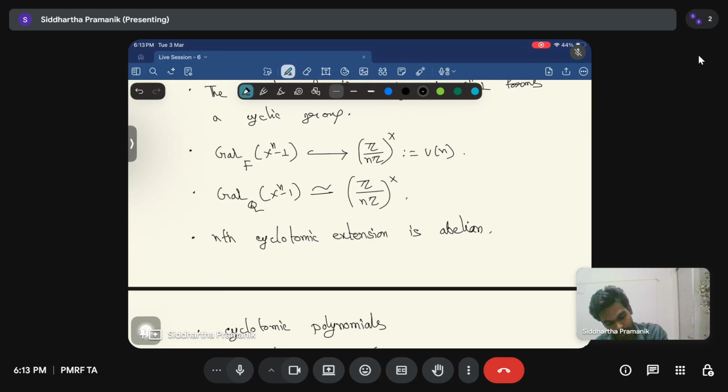The cyclotomic extension in the case of Q we write as Q adjoin a primitive nth root of unity, and this degree is basically the cardinality of this U group, which is phi of n, Euler's phi function.